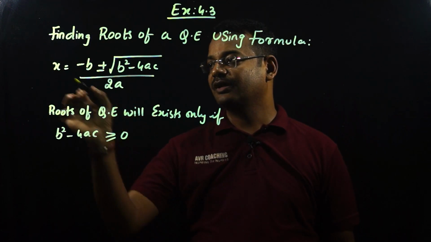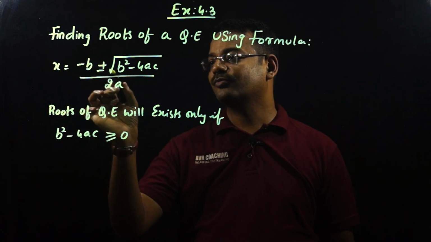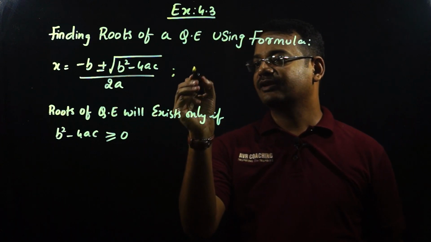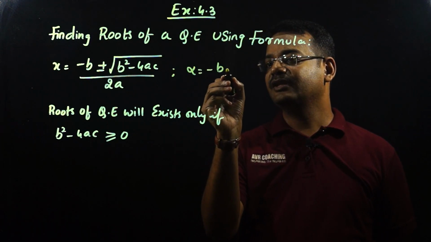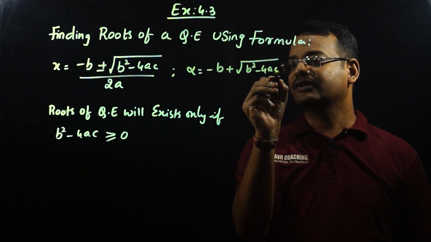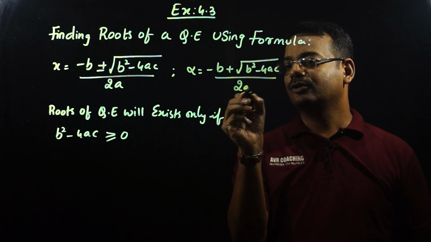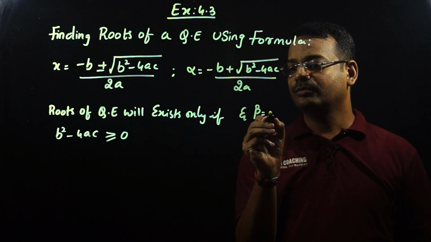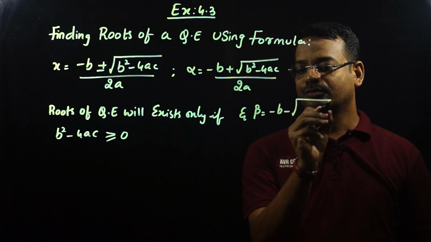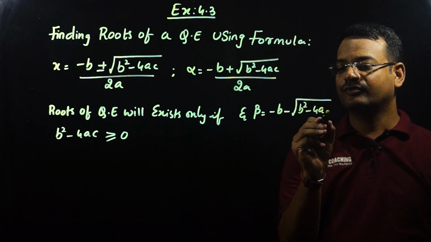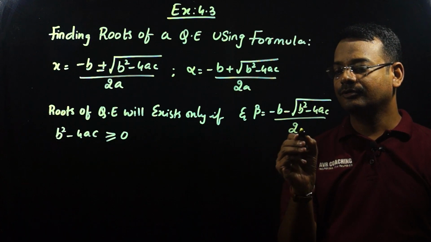So remember the formula x equal to minus b plus or minus root of b square minus 4ac by 2a, where we will write alpha equal to minus b plus root of b square minus 4ac by 2a and beta equal to minus b minus root of b square minus 4ac by 2a.